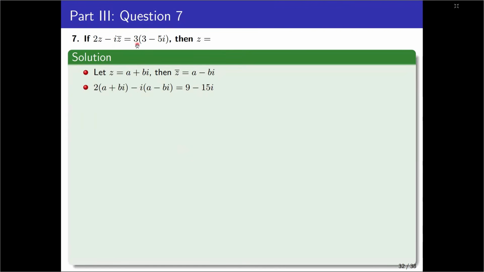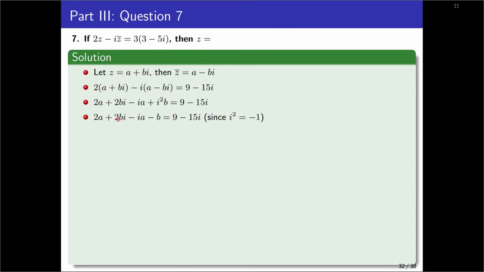On the right side, when I distribute, 3 times 3 is 9 and 3 times minus 5 is minus 15. Then distributing 2 over a plus bi, and distributing minus i over the complex conjugate of z, which is a minus bi, we obtain 2a plus 2bi minus ia plus i squared b, since negative times negative is positive, equal to 9 minus 15i.